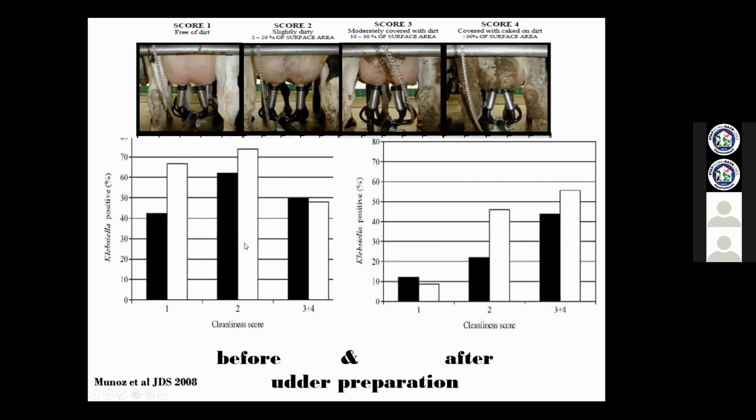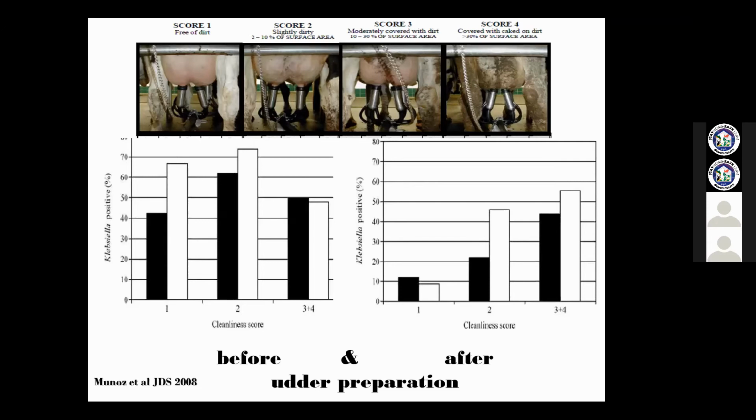So what has happened in this herd is they've done the cleanliness score and compared it then with the Klebsiella positive cases. And you can see in the first example, before they did any other preparation, there was not a very good correlation between the udder hygiene score and the Klebsiella. Actually, the dirtiest udders seem to be the best off.